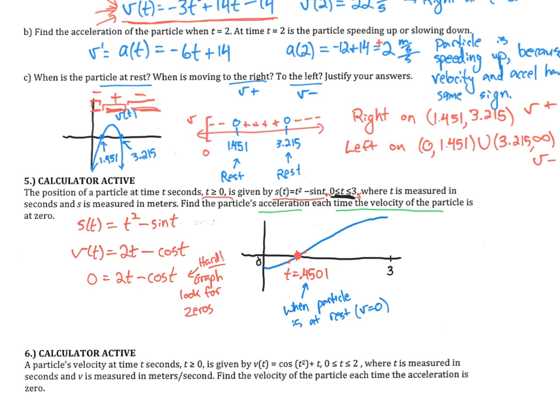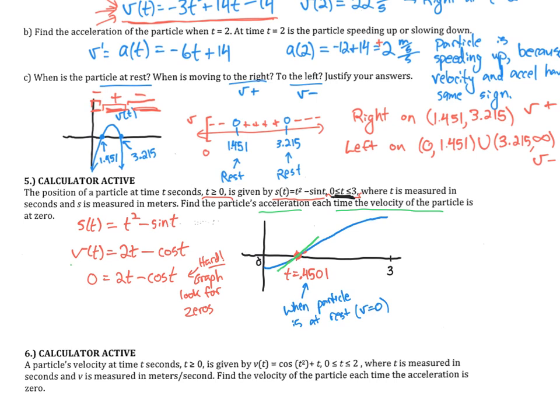Now, the acceleration of the particle is found by looking at the derivative of velocity. So when we find the acceleration, what we're actually doing here is looking at the slope at that particular point. So let's go in and let's use our derivative knowledge and find what the acceleration would be.